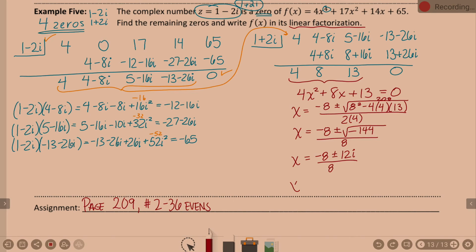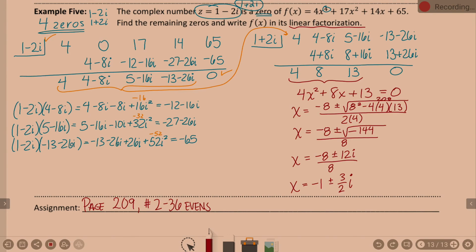What is negative 8 over 8? Negative 1 plus or minus 12i over 8. Or in other words, 12 over 8 and then the i afterwards. What do you know about 12 over 8? 6 over 4, keep going. 3 over 2.